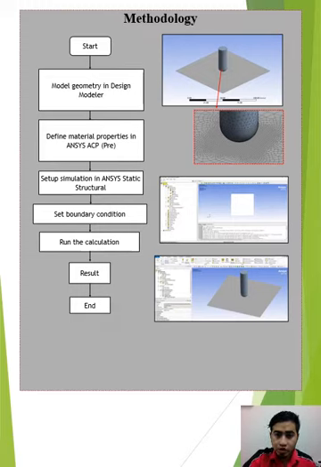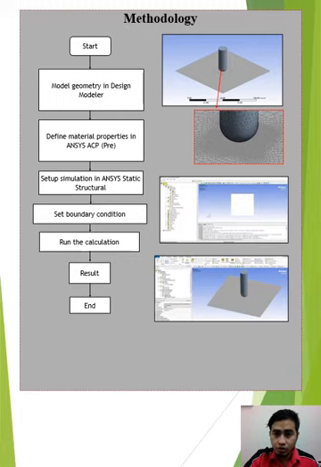Then the boundary condition was defined by applying a constant velocity of 1.27 mm per minute on the indenter along the y-axis, moving only on the y-axis so it cannot move on the x or z-axis.